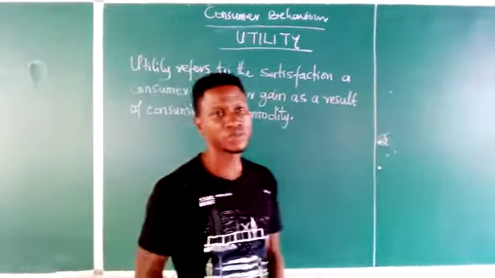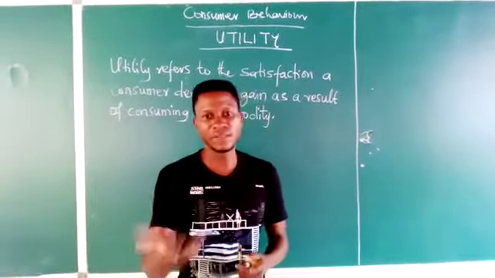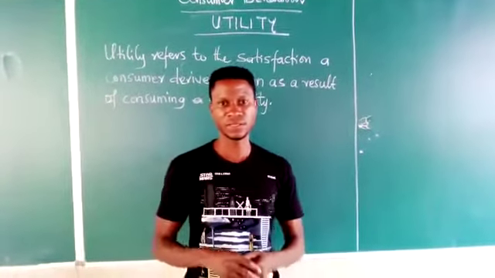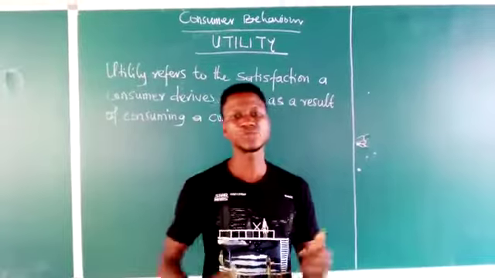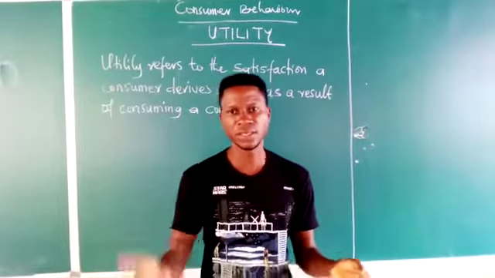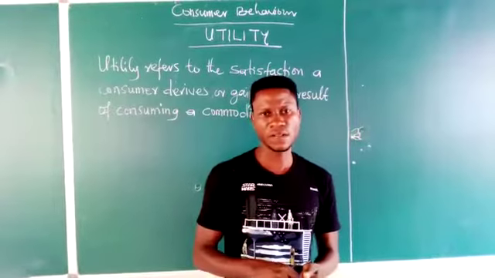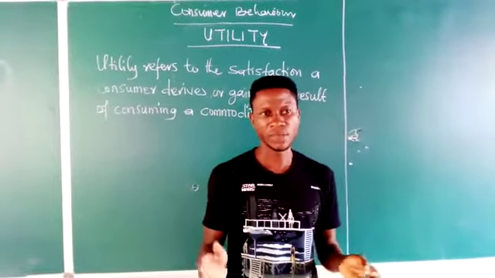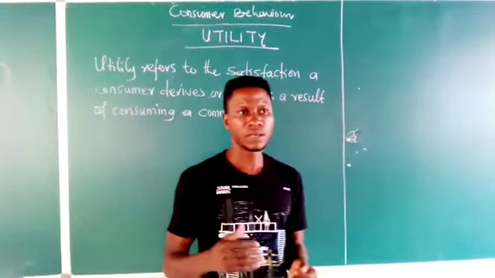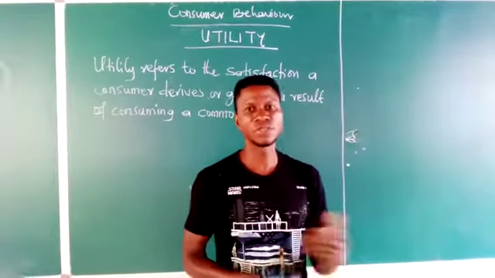So for instance, when you drink water, you derive a satisfaction. So that satisfaction is what we refer to as what? Utility. So everything that you do, there is a satisfaction that you derive from it. Is that clear?